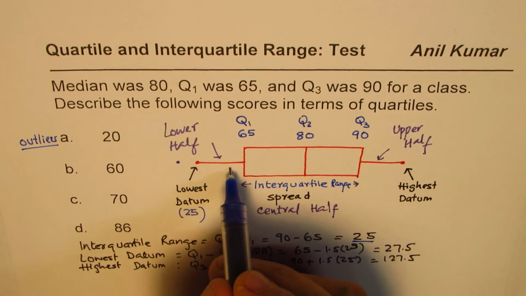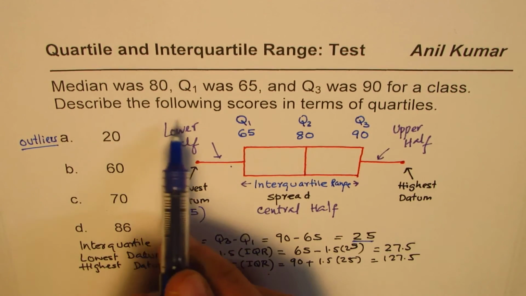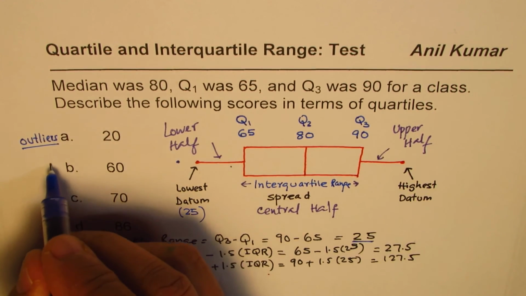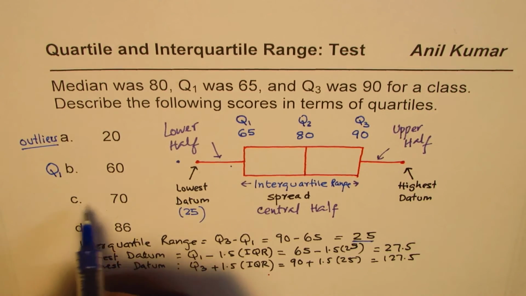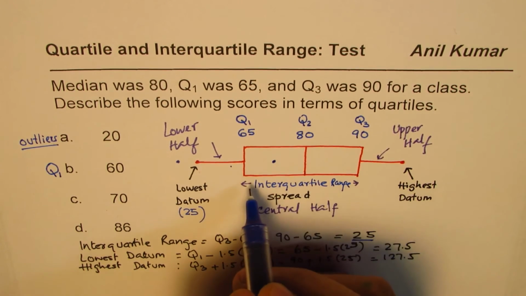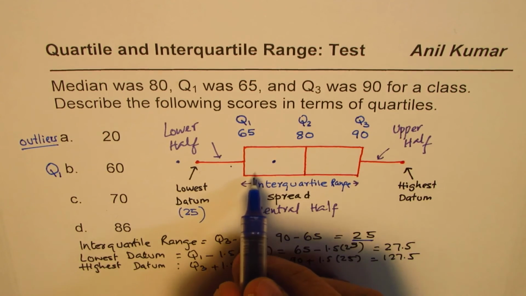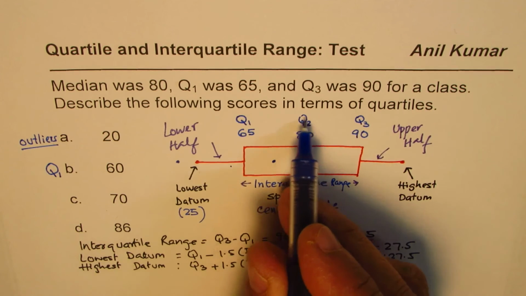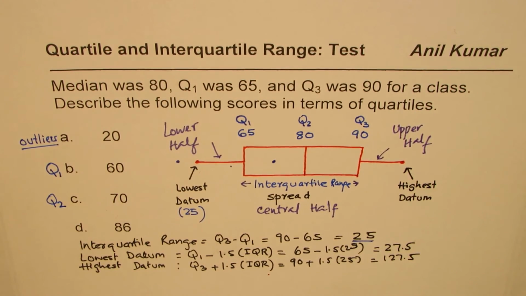60 is a number here on the left side of 65, right? So that is our lower half, and the lower half is represented by Q1. So this belongs to the first quartile. 70 is the number which you'll get in here, right? So 70 is in the interquartile range, and every number within this box is associated with the median, the second quartile.